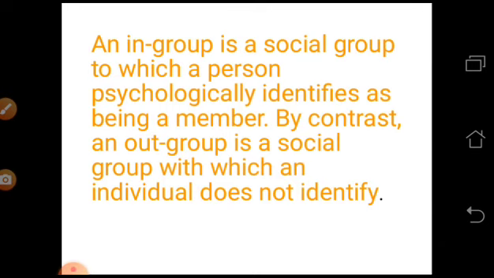If you are a student of a particular school, you cannot identify yourself with the other school, okay, because you identify yourself with your own school only. So those who are in other schools will be considered as out group, because they are not studying in your own group or own school.